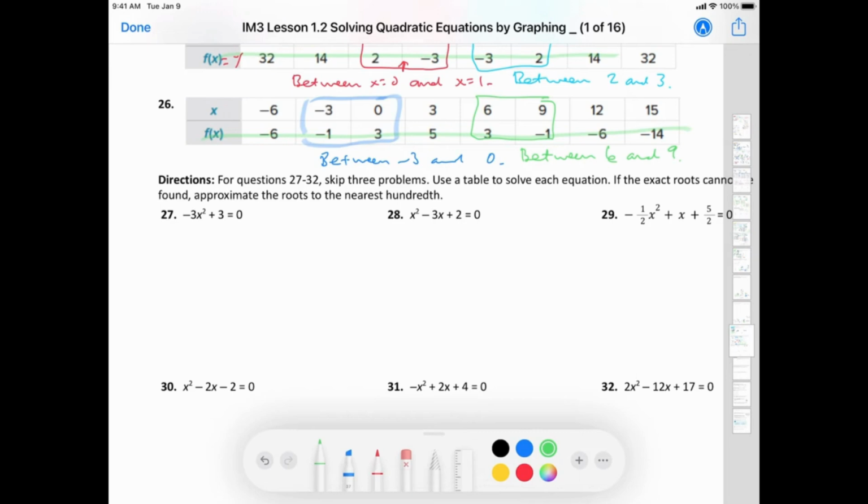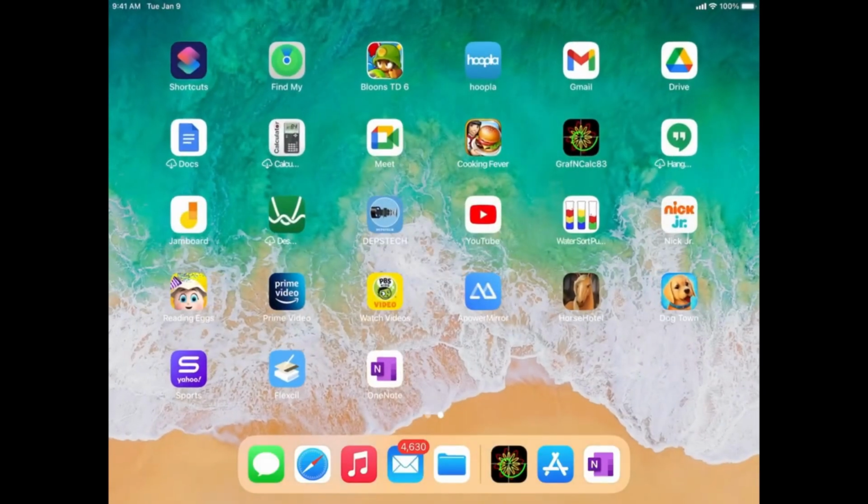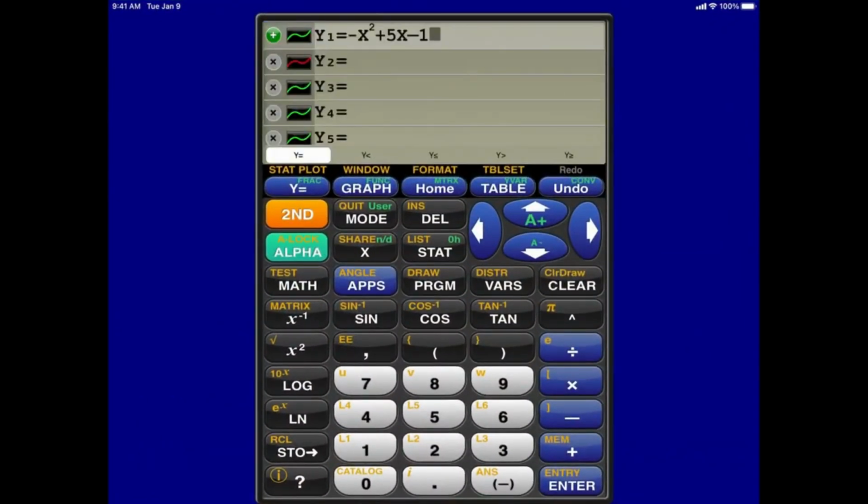Okay, so now let's just get a table of values. So negative 3x squared plus 3. Let me bring this up. So let's put that in here.